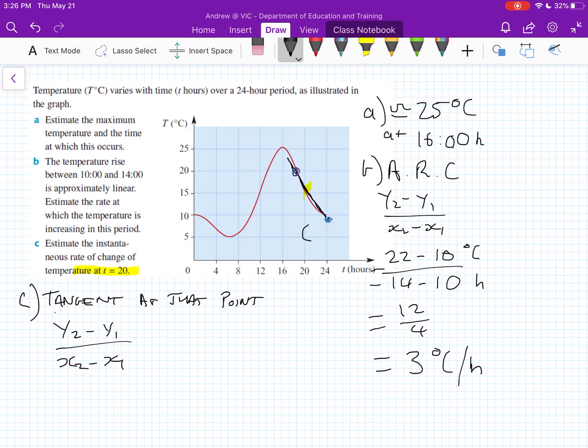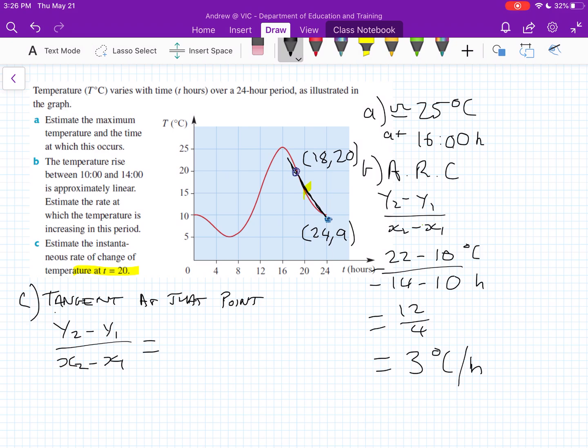So we'll call this one about 24, and we'll say that's about 9. And this one here is 18, and let's say 20. Okay.